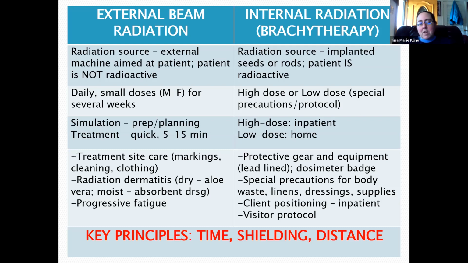Shielding isn't as much of a big thing that we use in the home environment, but there's still a visitor protocol. If somebody's having low dose brachytherapy at home, they should not have children visiting them. They should not have pregnant individuals visiting them. Those who are visiting them should not spend a whole lot of time, and should keep their distance as well.